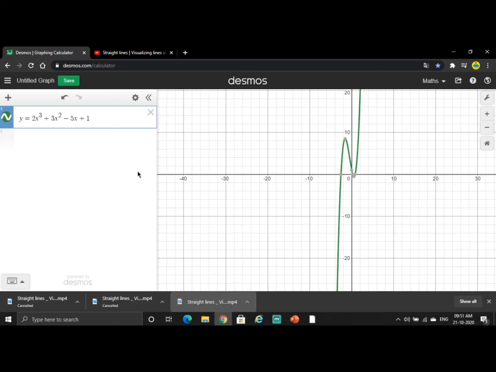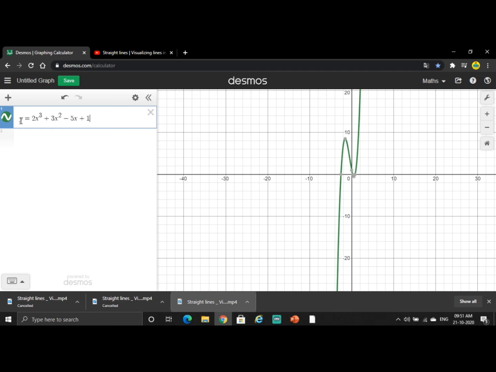Now I want to show you that here the ordinate, that means the y coordinate, is related to the abscissa by this relation. If you input your abscissa here, it will get processed through this expression and then give you your ordinate.